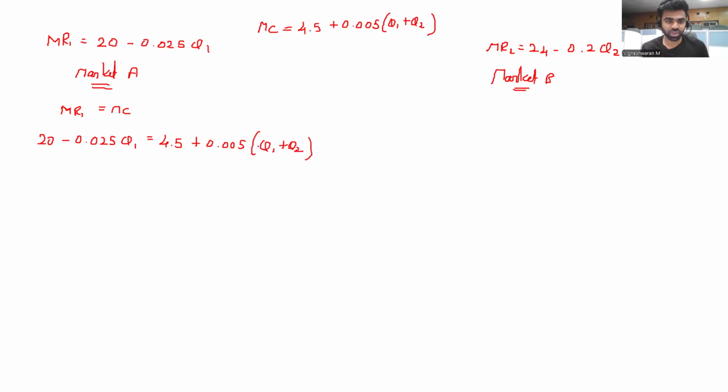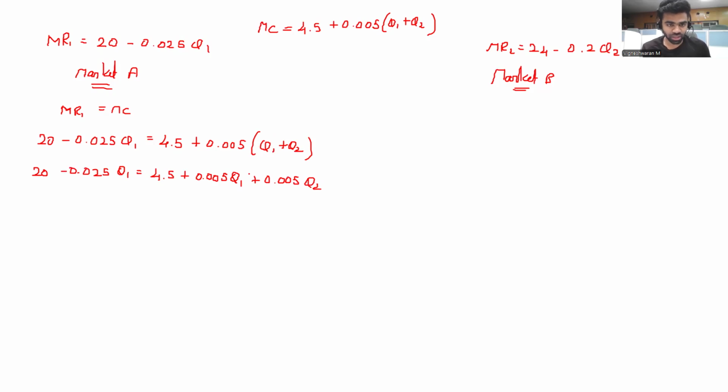So multiply this 0.005 for Q1 and Q2. So 20 minus 0.025 Q1 is equal to 4.5 plus 0.005 Q1 plus 0.005 Q2.